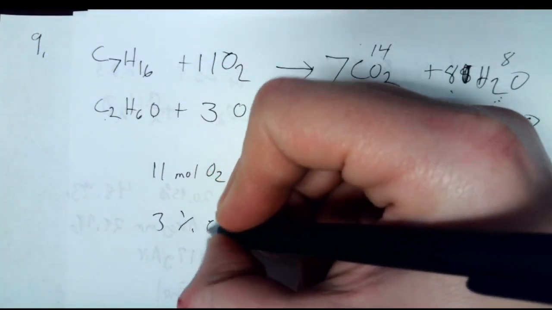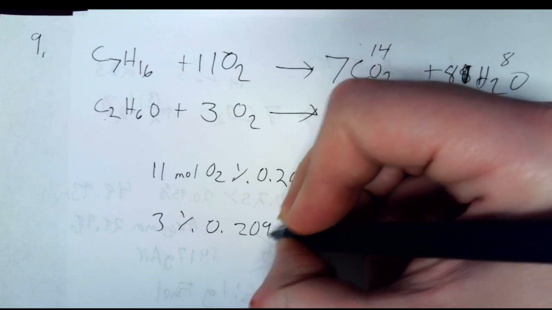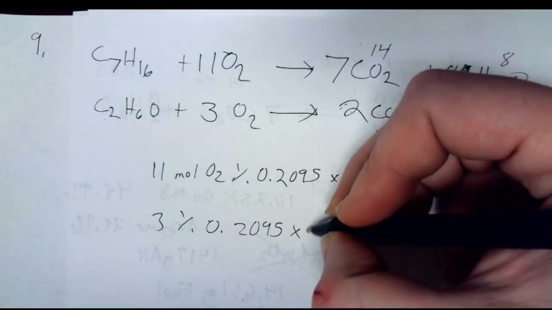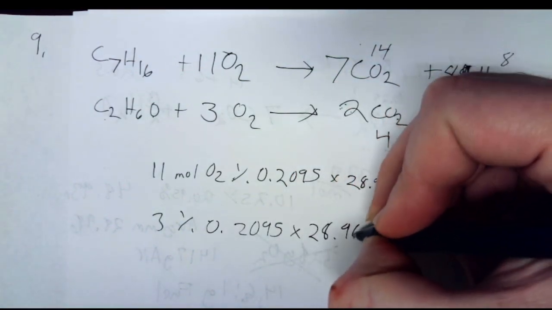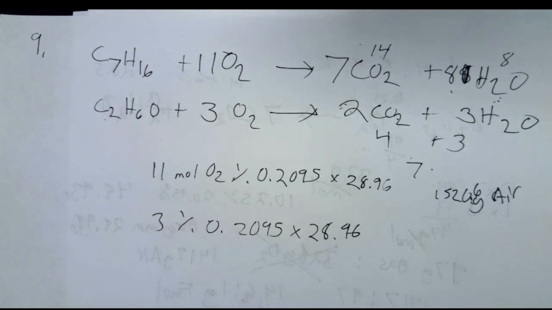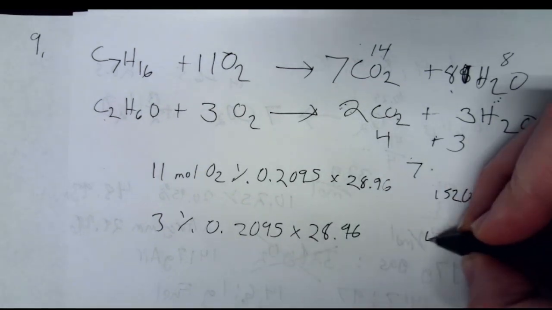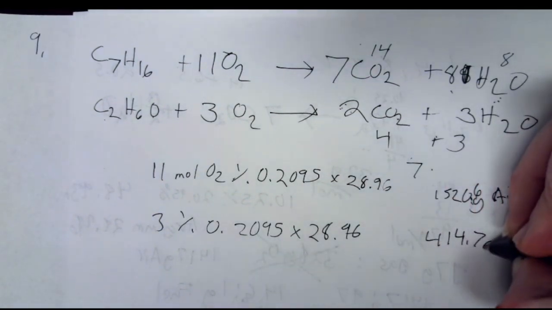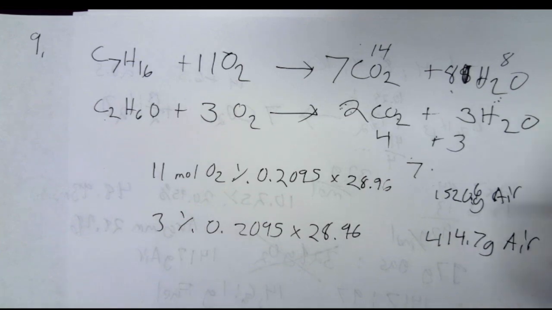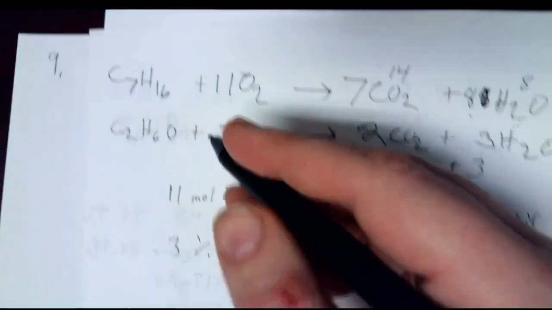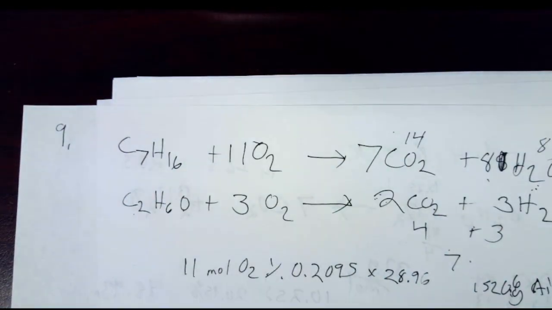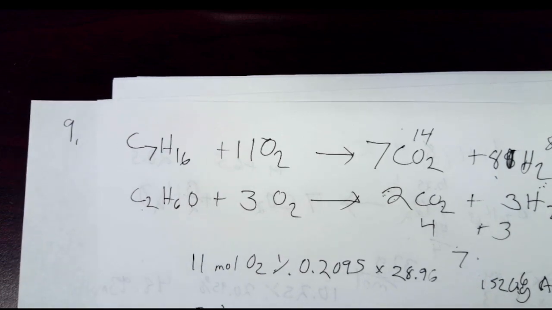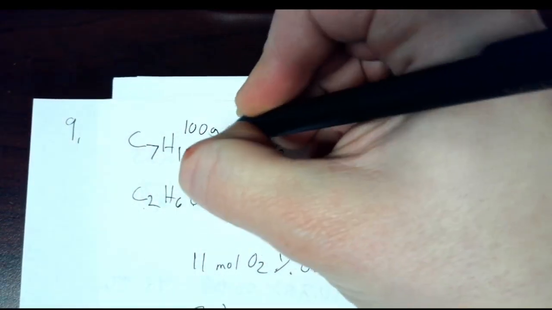And the other one, 3 divided by 0.2095 times my 28.96, is going to be something like 414.7 grams of air. The molar mass of heptane, 7 times 12 plus 16, is something like 100 grams per mole.